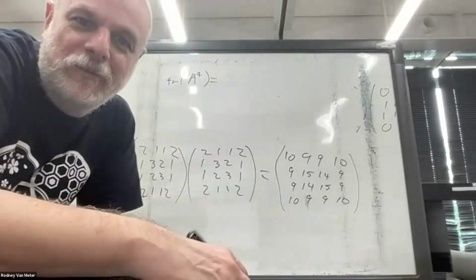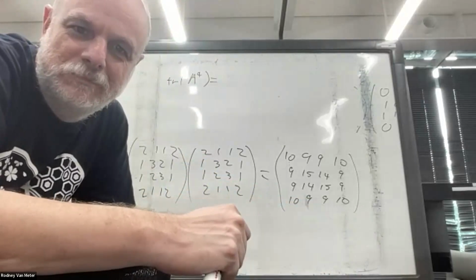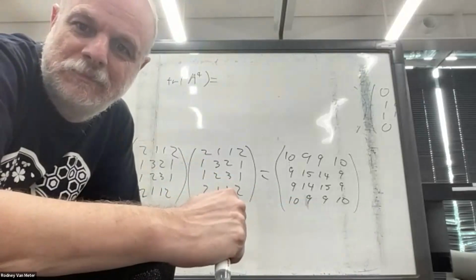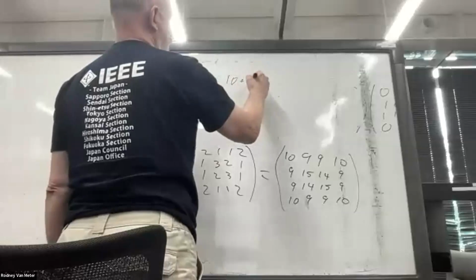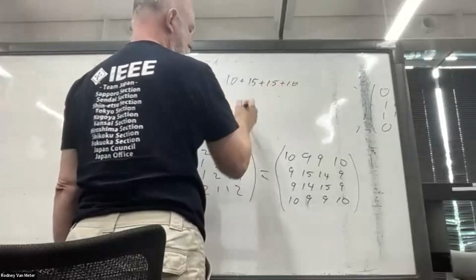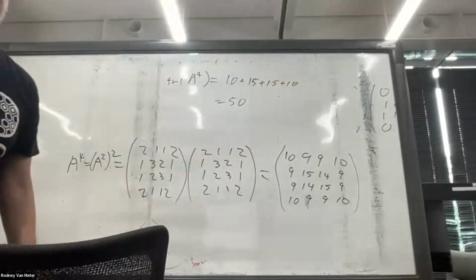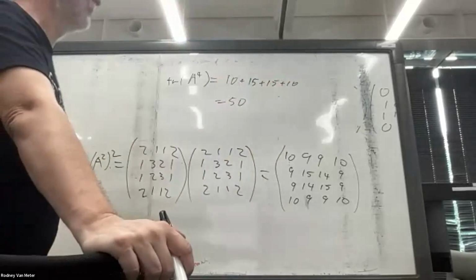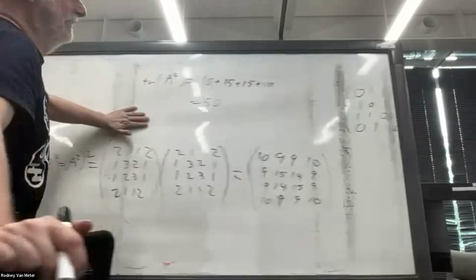Marty, what's the trace of this matrix? 40, bingo. 10 plus 15 plus 15 plus 10. No. How about 50? Close. When I did it the first time too, I actually got 40 in my own head too. So you and I made the same mistake. So 50. All right.